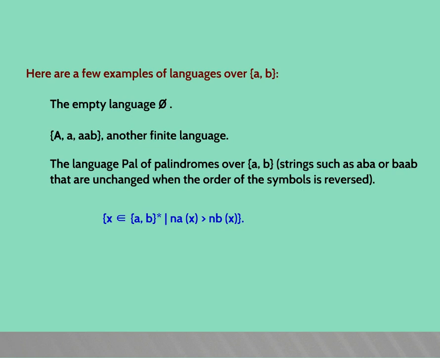The set of x in {a, b}* with na of x greater than nb of x. The set of x in {a, b}* with modulus of x greater than or equal to 2, and x begins and ends with b.